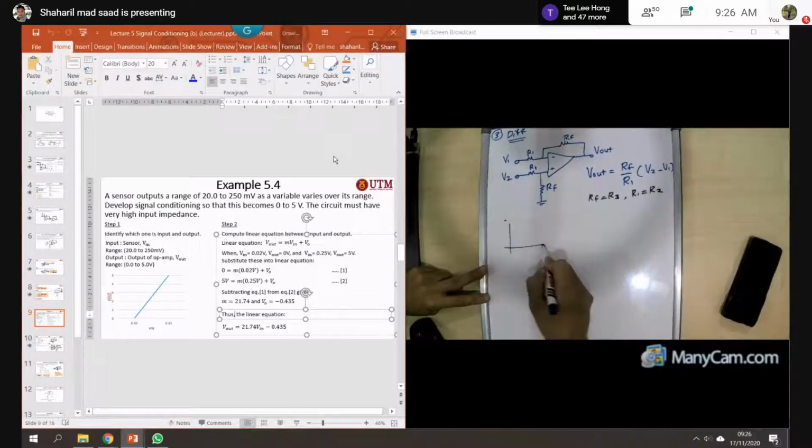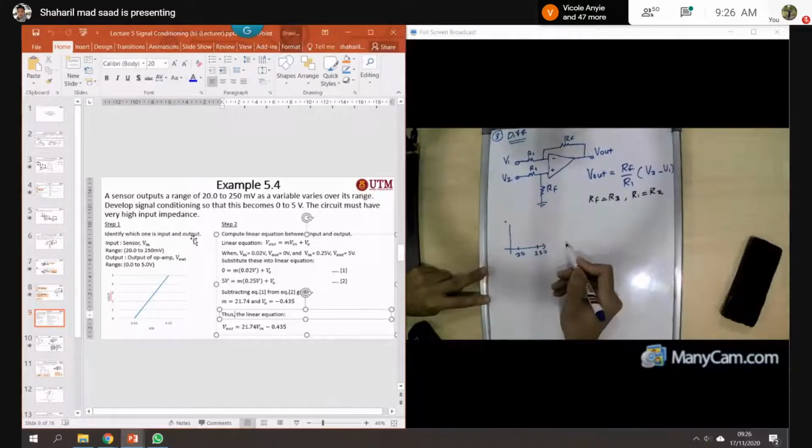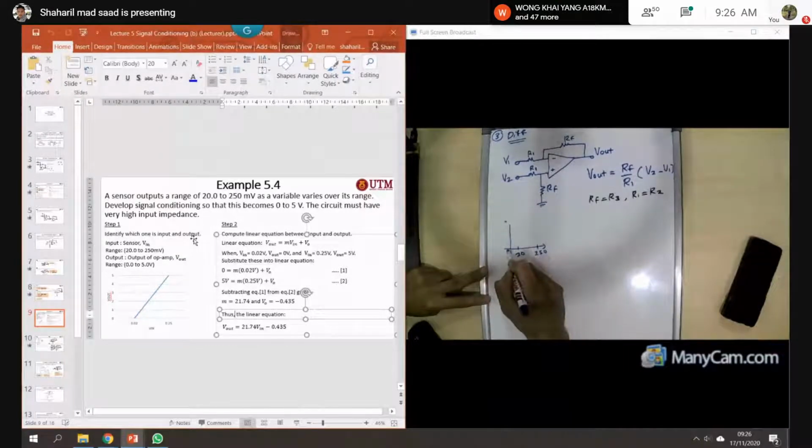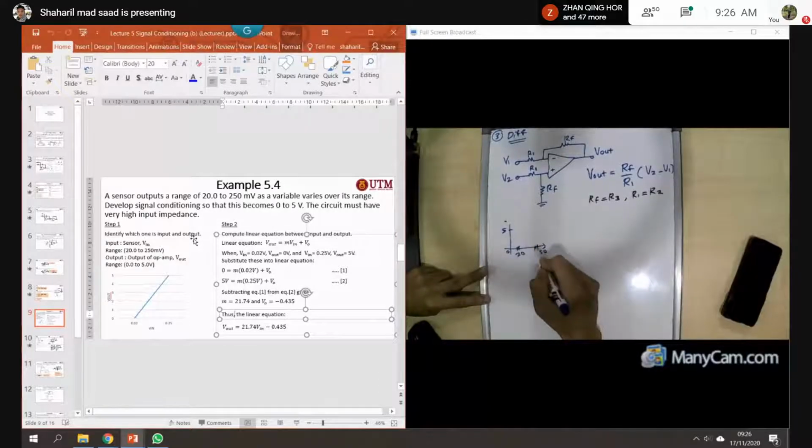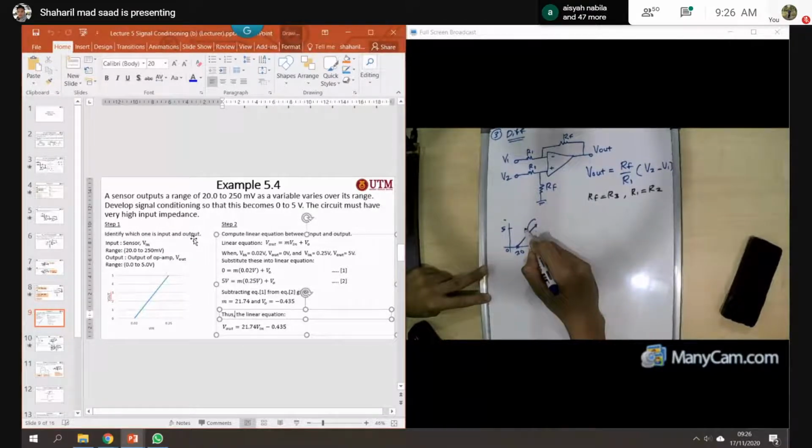We can draw the graph and so on. The input now is 20 to 250 millivolt, and then you want to make it 0 until 5 volt here. So you want to get this one, the V out, and this one is the V in.